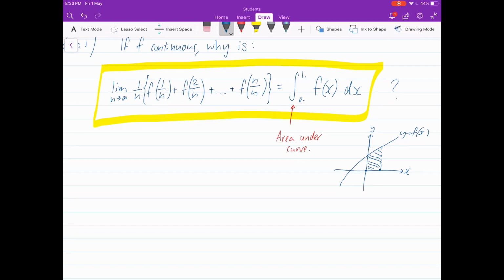Okay? So this area is what I'm looking for. When I integrate f from 0 to 1, the answer that I'm going to get is basically this area over here. So we want to ask ourselves, okay, then what is this left-hand side over here?